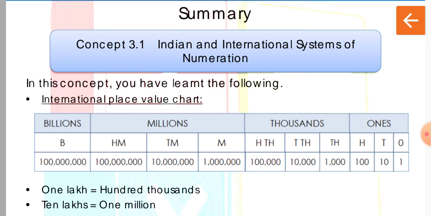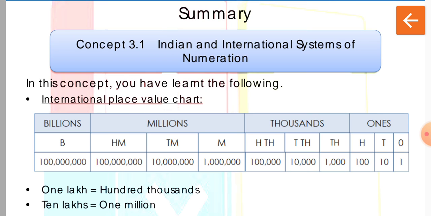The places ones, tens and hundreds, these three come under the ones period, the same as in the Indian system. But from the next period onwards, there is a difference. In the Indian system, there are only two places in one period, isn't it? But here, three places come under each period.